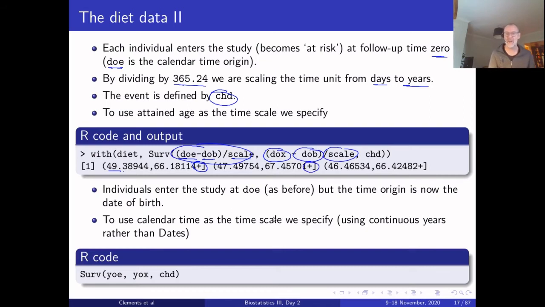To use calendar time as the time scale, we could have year of entry, year of exit, and CHD. So then you'd have left truncated data, possibly right censored.